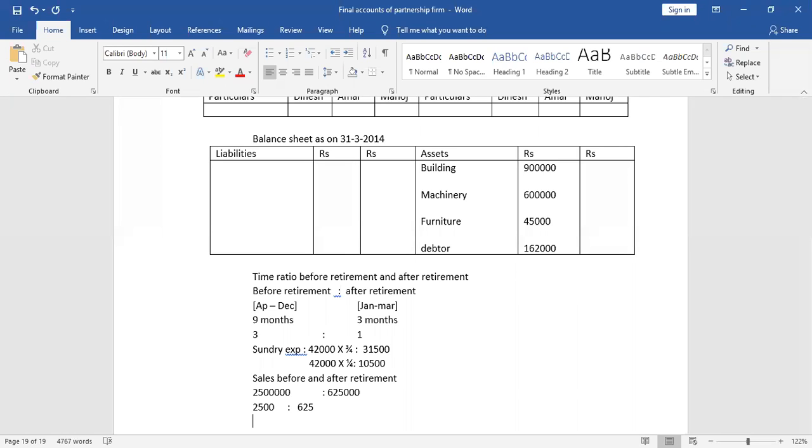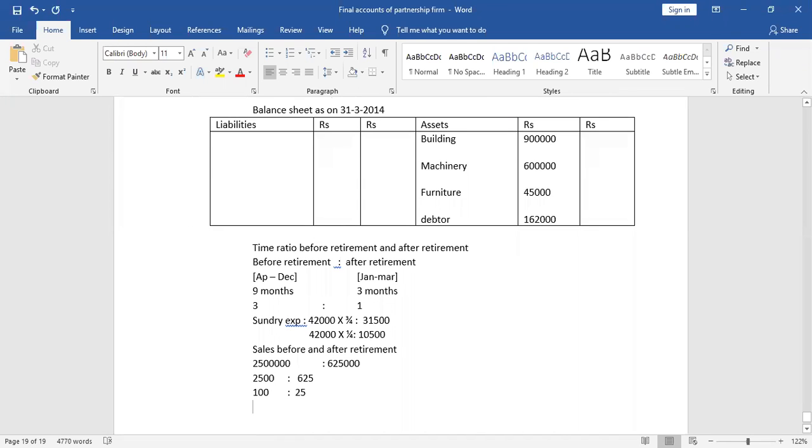See, if we want to keep this same, we can keep it same. इसको छोटा करना है तो और छोटा कर सकते हैं. 25 के टेबल में 2,500 will come 100 times, और 625 जो है वो 25 के टेबल में कितने टाइम्स में आता है? 625 divided by 25 is 25. 100 fours, 25 fours are 100, and 25 is 25 ones are.